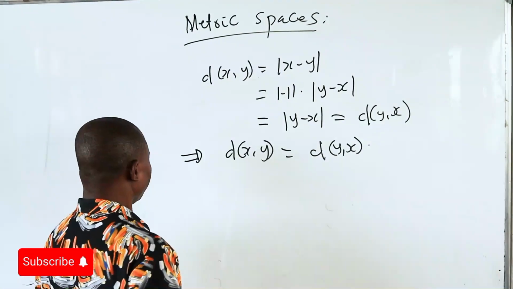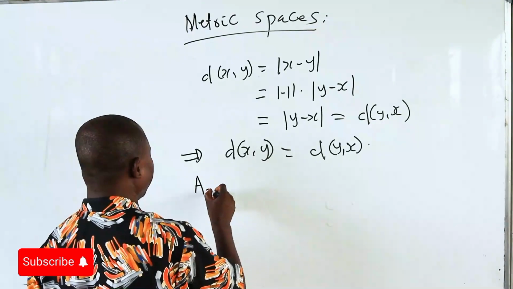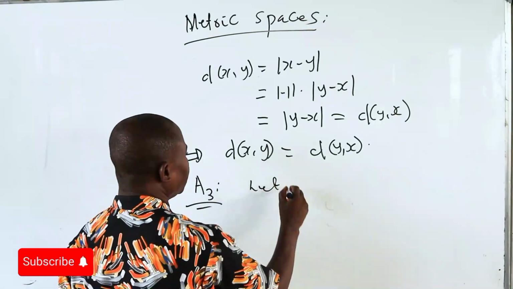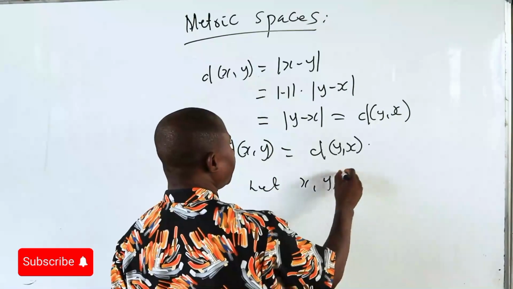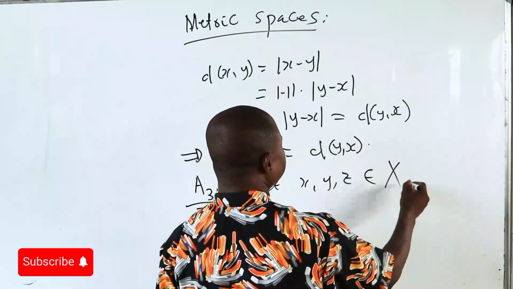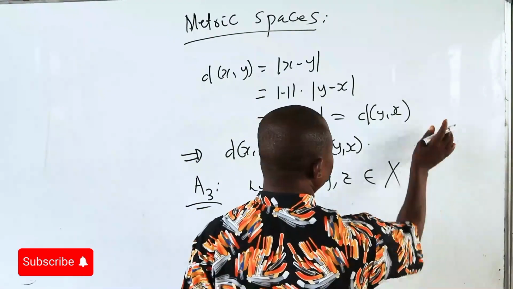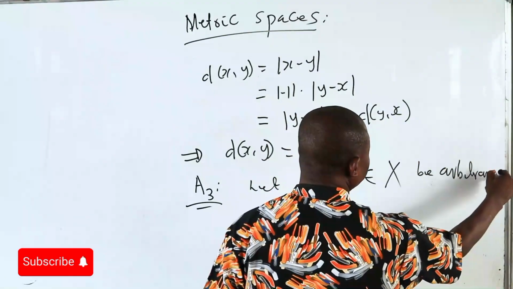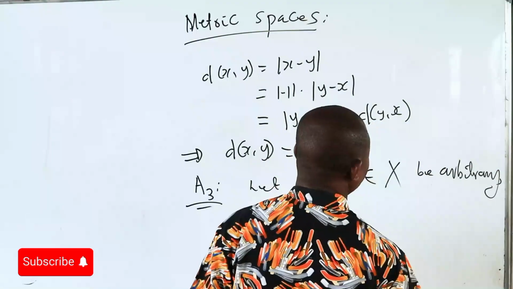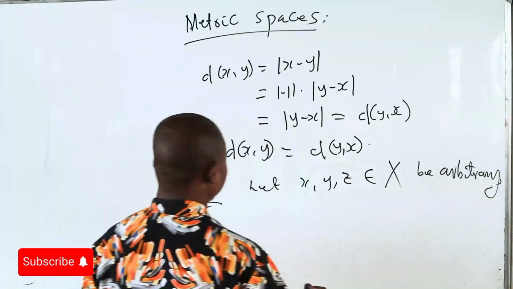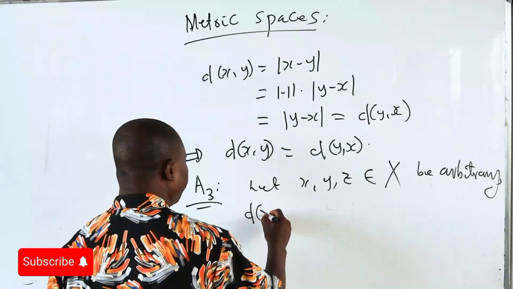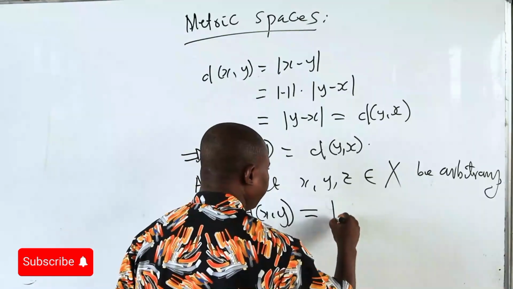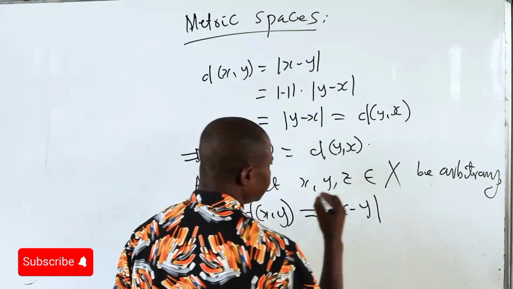Alright. For condition number 3, let's just take x, y, z in capital X arbitrarily. d(x, y) by definition is the same as absolute value of x minus y.